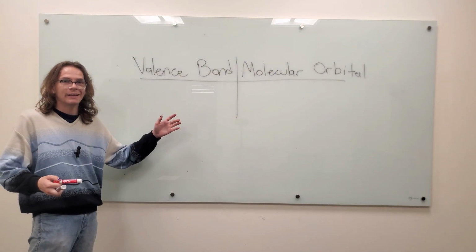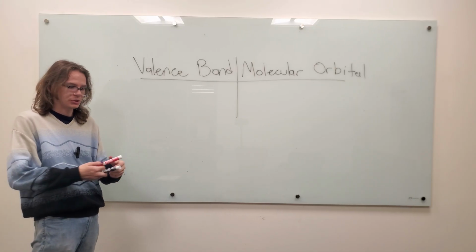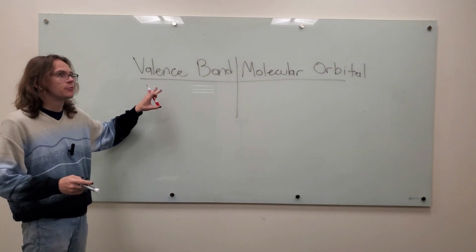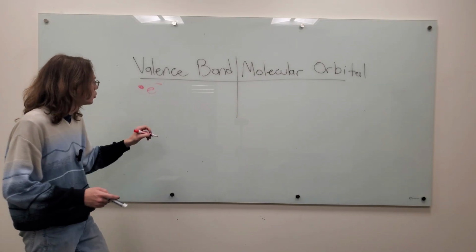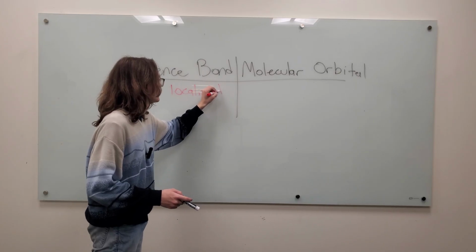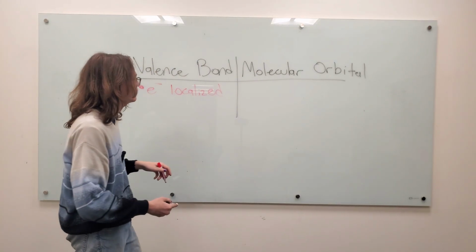So let's just go ahead and review and compare these 2 theories that help us describe chemical bonding. Okay, so recall for valence bond theory, electrons are localized in between atoms, where their orbitals overlap.